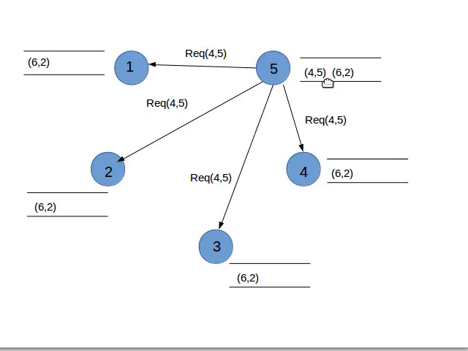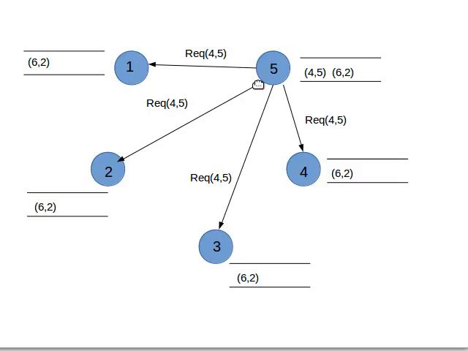If the incoming one is smaller than the existing one, then we place it in the front of the queue, and otherwise we place it in the rear part of the queue. So at the front side we have the smaller timestamps, and at the rear side we have the larger timestamp requests. While inserting site 5's request in its own queue, it checks with all the other requests. As it has the minimum timestamp, it is inserted in the front part of the queue.